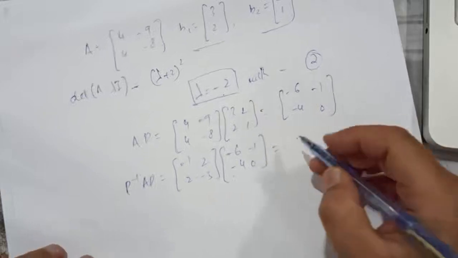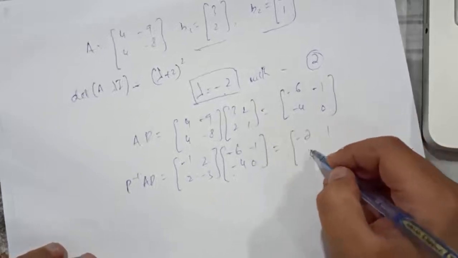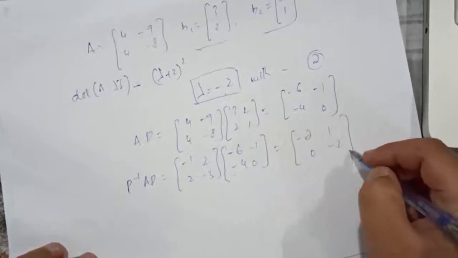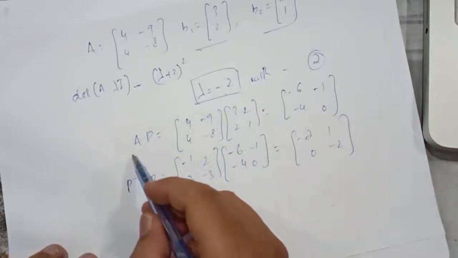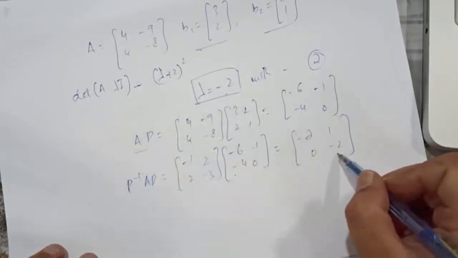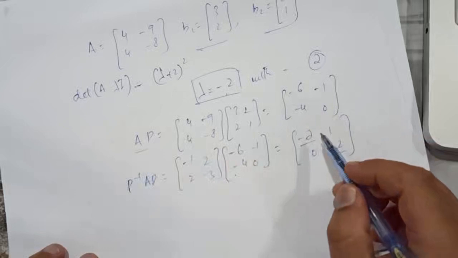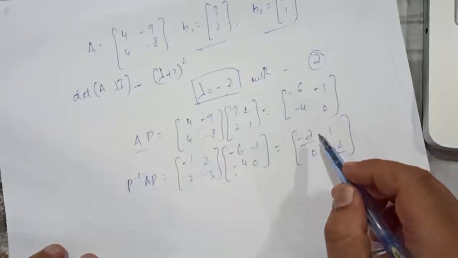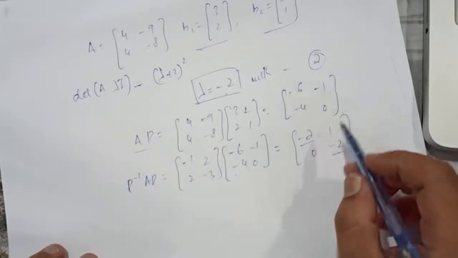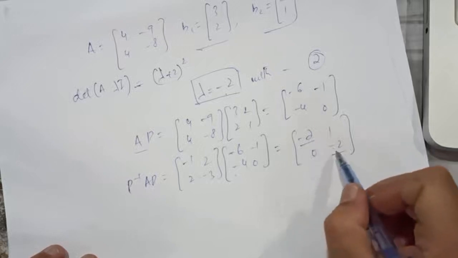This gives us basically minus 2, 1, minus 2. So we can see here that your eigenvalues are on the diagonal, right?